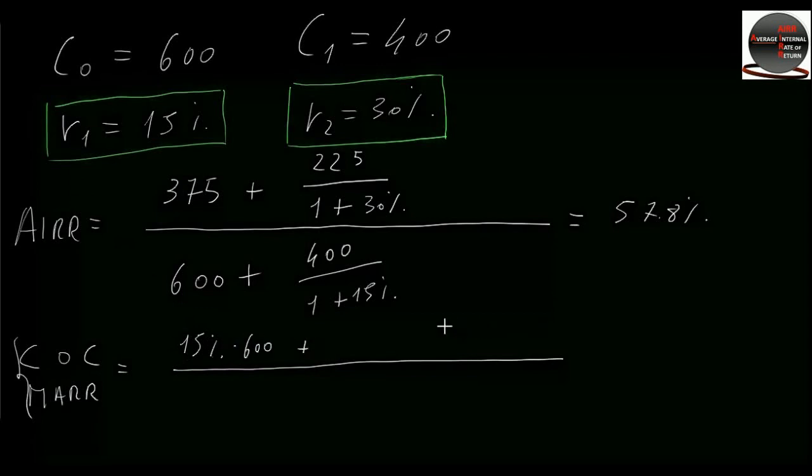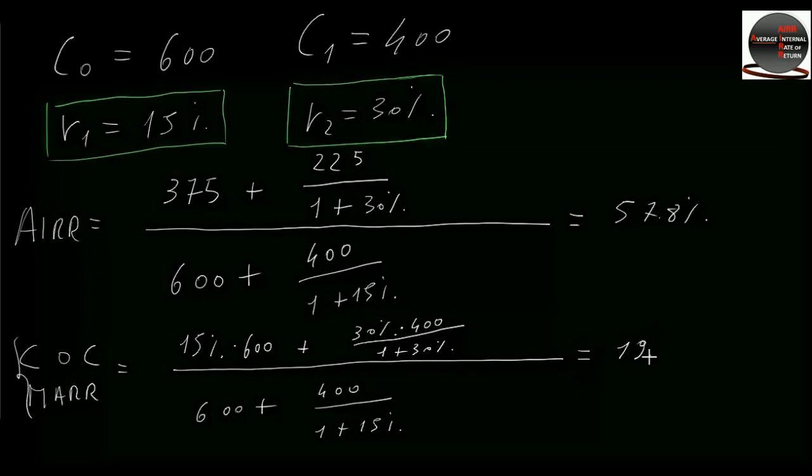And in the second period, if we invested 400 in the market, we would get 30% on that amount. We discount that amount from time 2 to time 1, so we use 30%. And the total capital is the same, so we would have a project with the same total capital invested but different returns, and the rate of return of this market investment would be 19.2%.